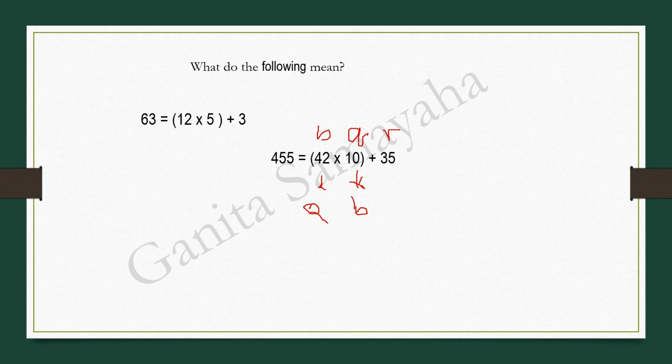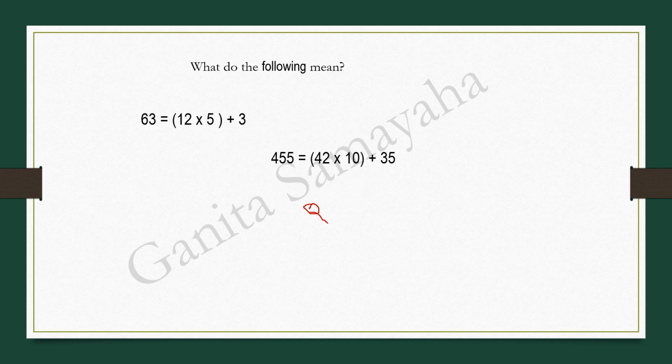B is the divisor. That should not happen. You must be careful to see that your remainder is always less than the divisor. So here our divisor is 42, quotient is 10 and remainder is 35. This is the correct way of saying it. That is the meaning of the statement.